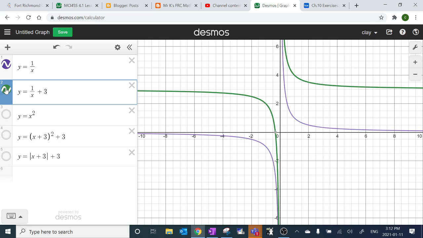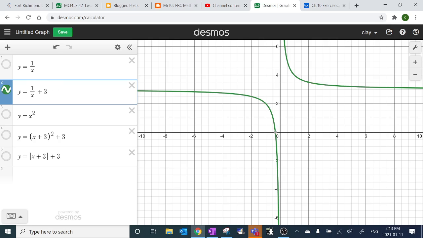On my purple graph, I can't touch the x-axis. On the new graph, I can't touch the line when y is 3. And it makes sense. You can't touch the line when y is 3 because there's no way to make 1 divided by x 0. So if this thing can't ever be 0, y can't ever be 3.